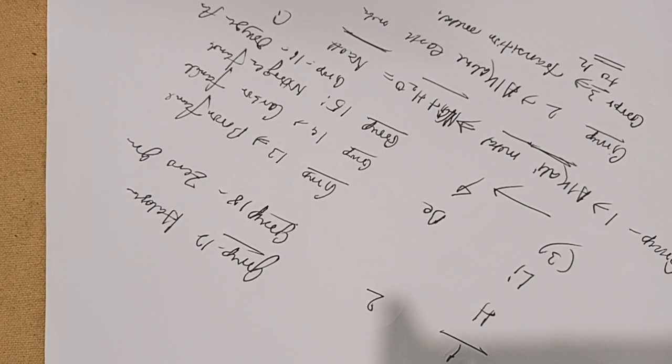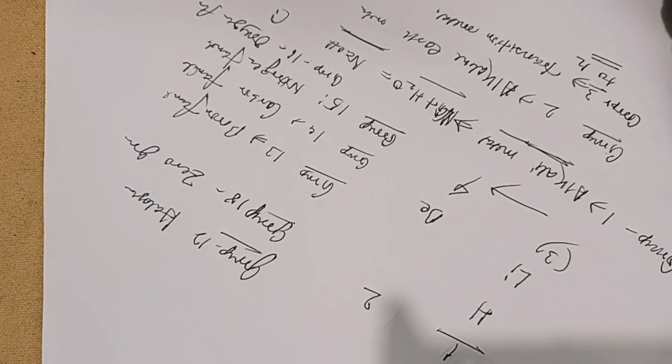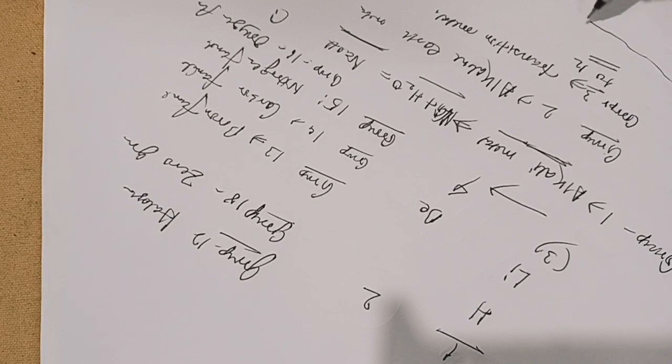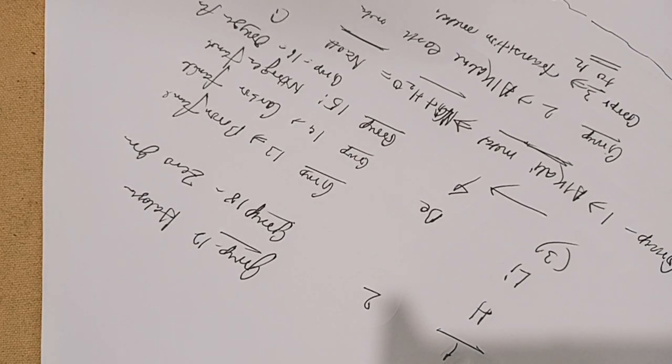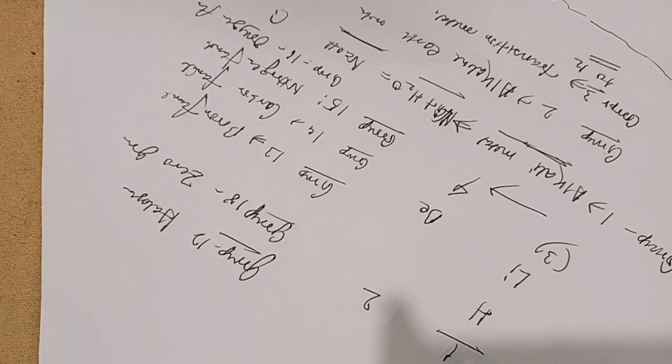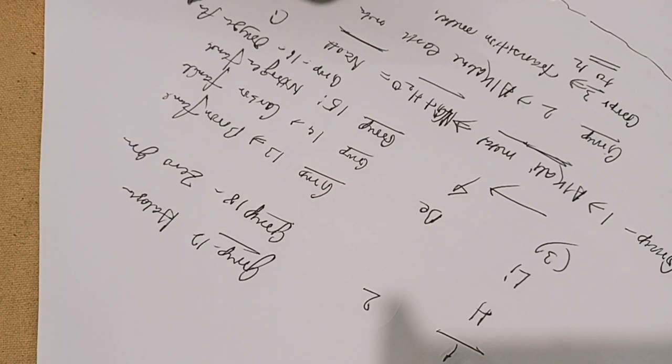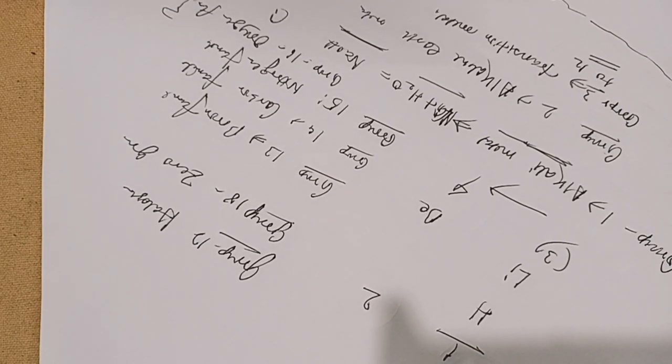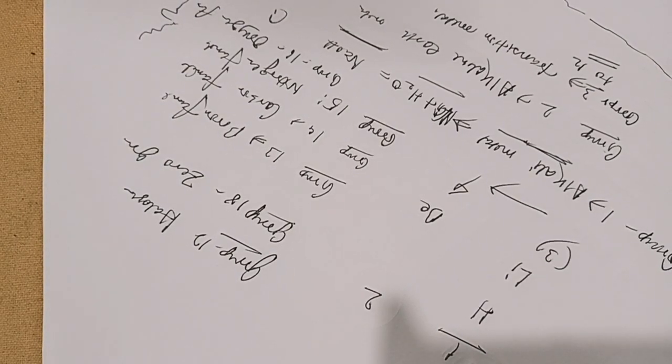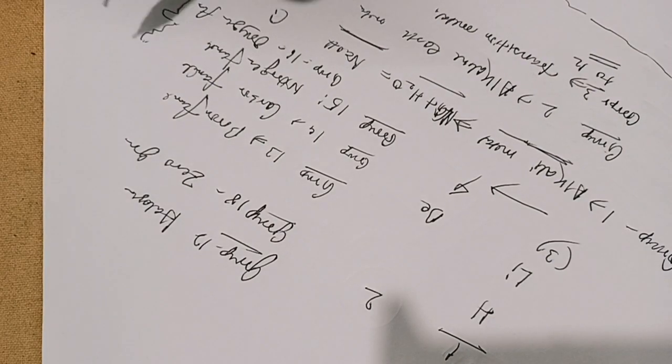So these are the fundamentals or basic ideas of groups and the classification of the elements in these groups. 18 groups are there and they are named as we have discussed.